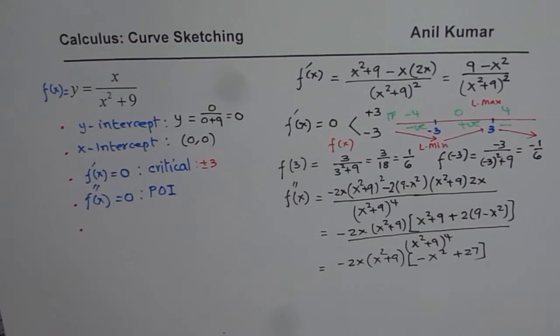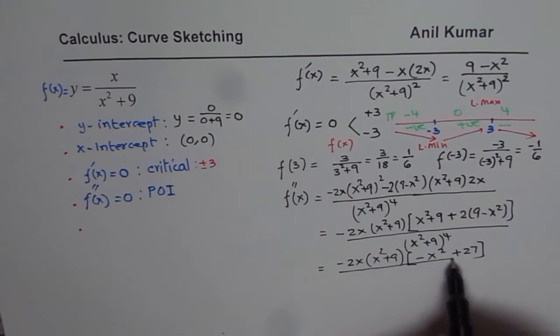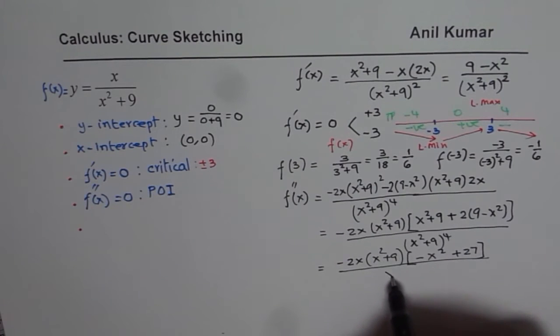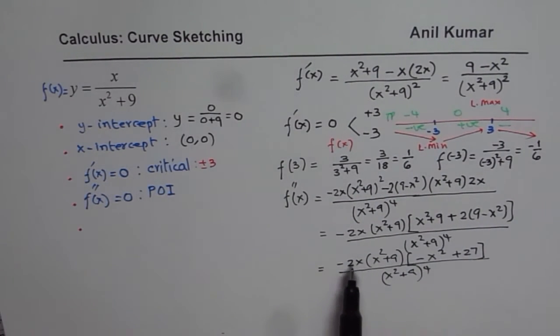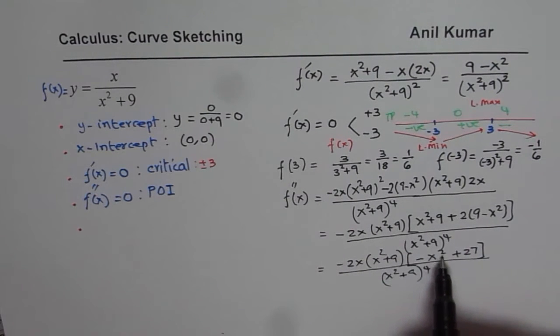That is what we get, with the factor x square plus 9 to the power of 4. Now the critical points here are, this part is 0 for x equals 0, right? Or here we have 2 zeros, which are at square root of 27, right?